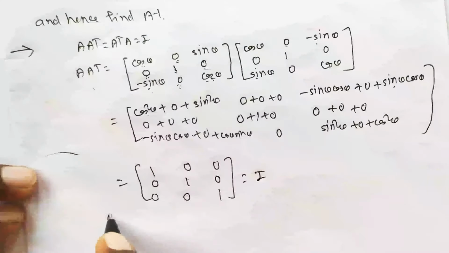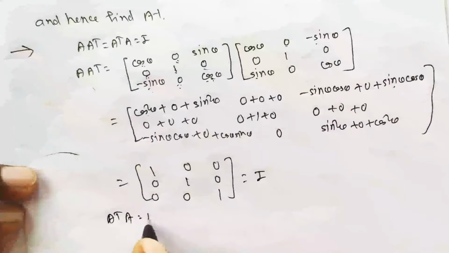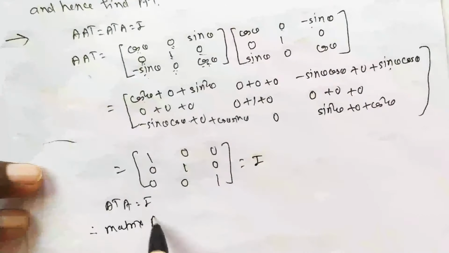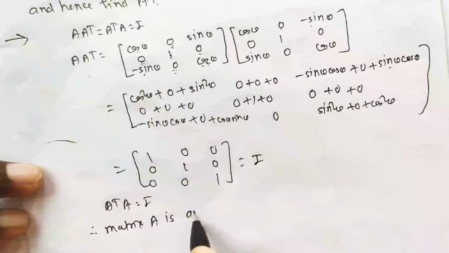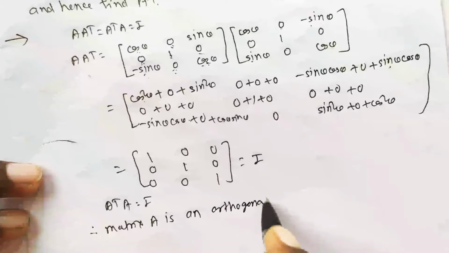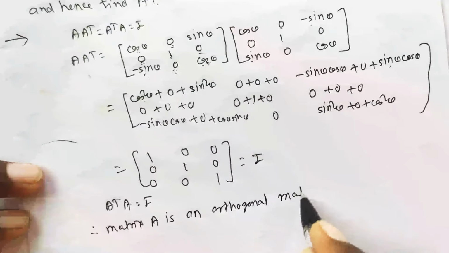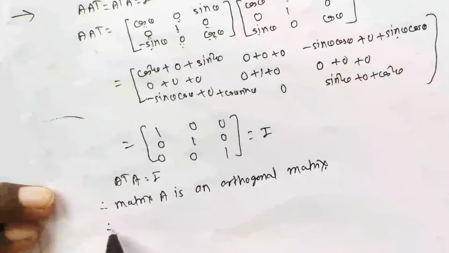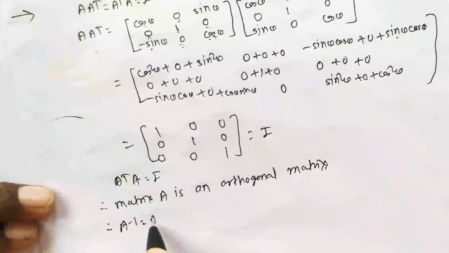Similarly we can write A transpose into A is also I, and therefore from this we can say that matrix A is an orthogonal matrix. And therefore if a matrix is orthogonal, then what is its inverse? Its inverse is equal to its transpose.